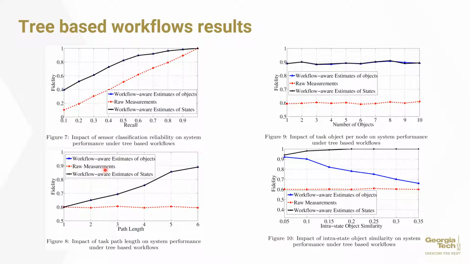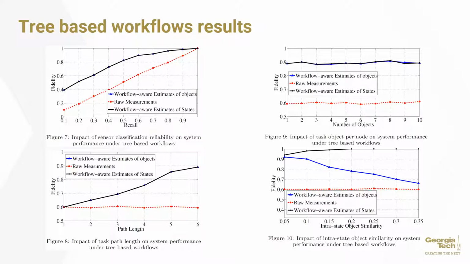Okay, next we have path length, which for the tree-based workflow model gives a similar result to the graph-based workflow model in that as you increase your path length, you are finding that the workflow aware estimate of objects and of states, again, is more accurate than your raw data.